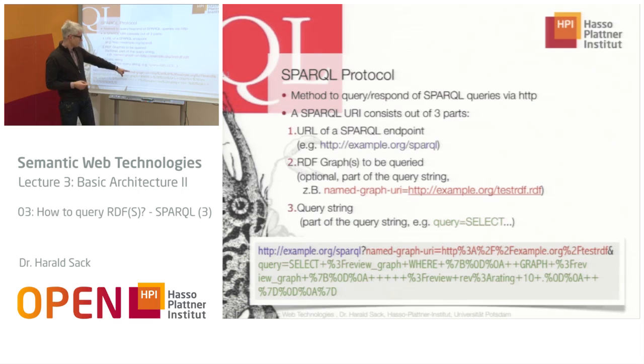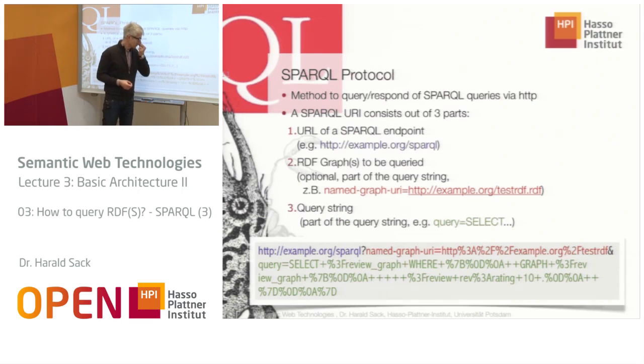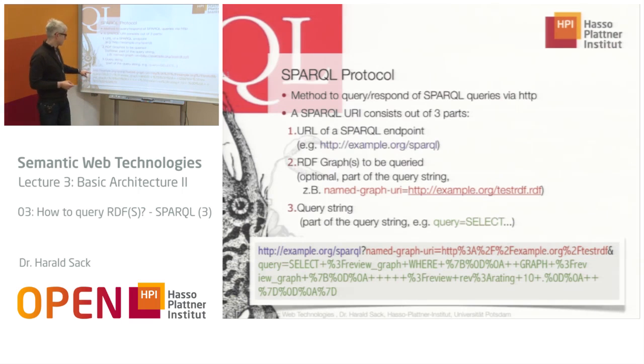After the graph that you are questioning, the next parameter, after the ampersand, is the SPARQL query expression. For the query, you have the keyword query equals, and then comes the select statement. The entire statement must be encoded.